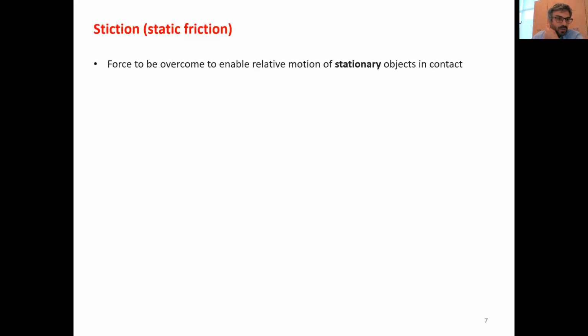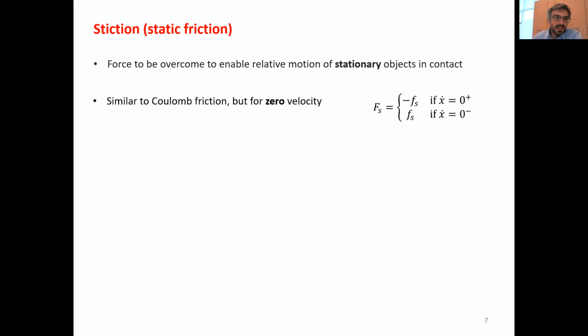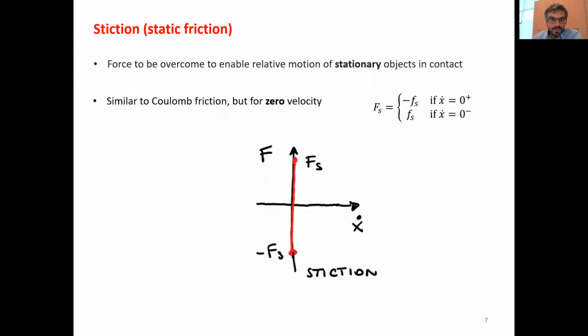This stiction force is called static friction, and is the force that needs to be overcome to start the relative motion of the objects in contact. It's the same as the Coulomb friction force, but for zero velocity. You see here for zero velocity we have the two values, and these values are slightly bigger than the Coulomb force.